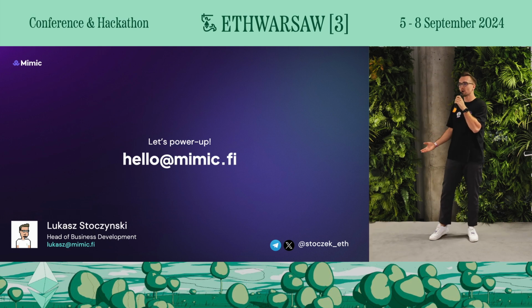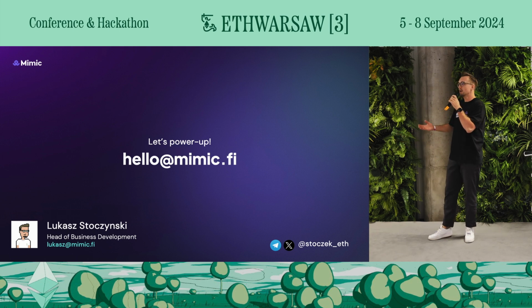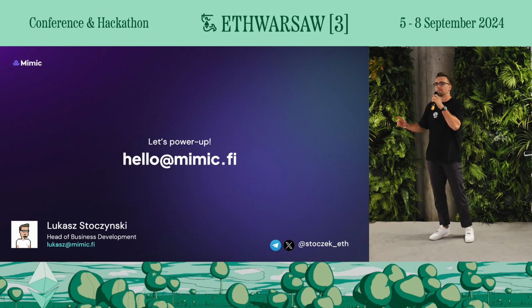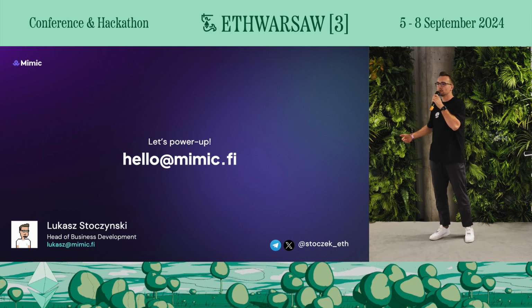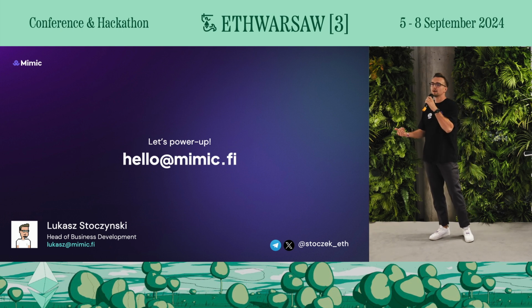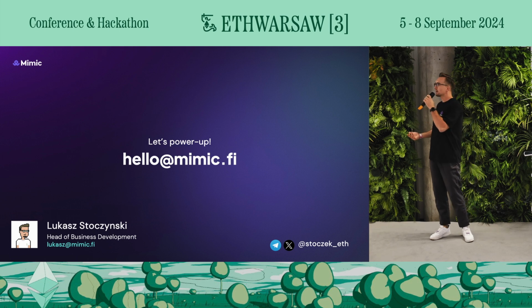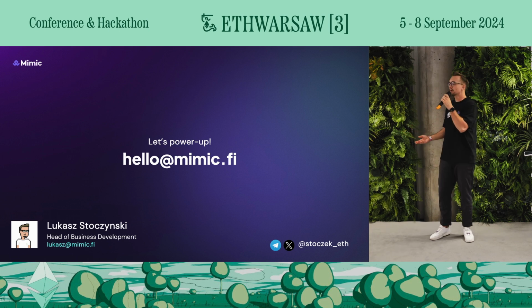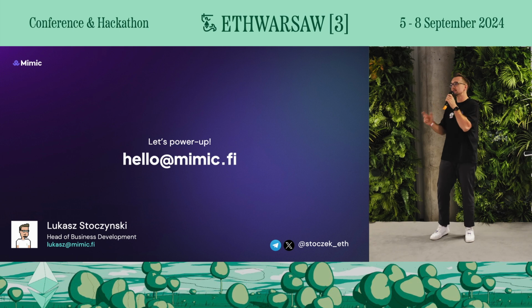If you're building an application, you're going to be able to allow your users to execute transactions on chain using AI commands. So you're basically going to be able to integrate our infrastructure into your app and give the same features to your users. Secondly, we're going to allow any AI agent to have DeFi execution using our intent and safeguards layer.